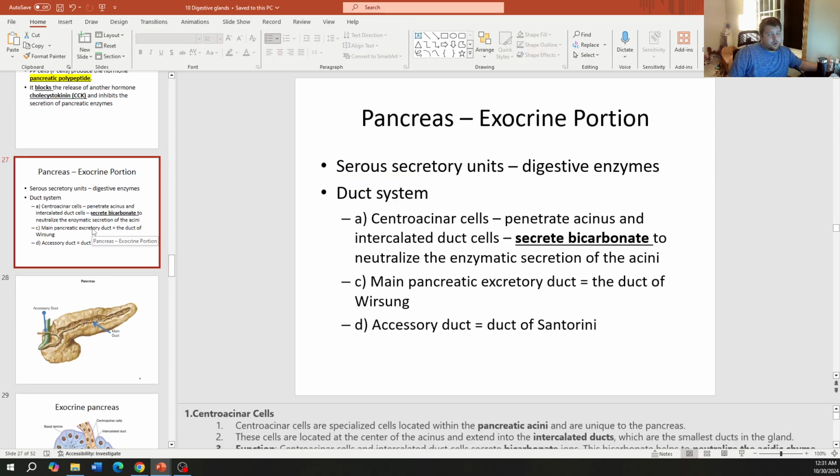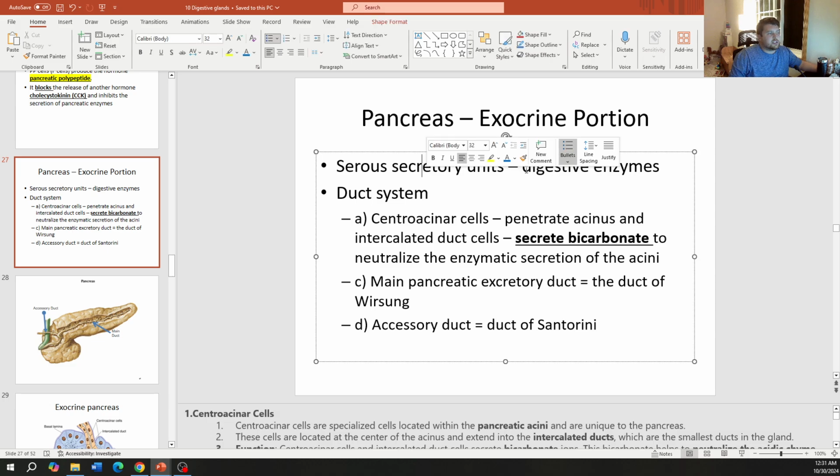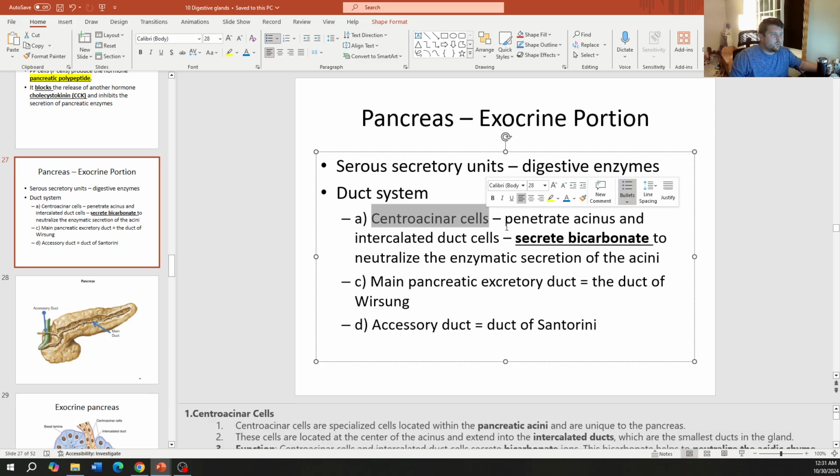So that's the endocrine portion. Remember those islets of Langerhans. And now we're going to talk about the exocrine portion. Most of it has to do with digestion. Digestive enzymes. So we have these cells called centroacinar cells, which secrete bicarbonate in order to neutralize the enzymatic secretion of the acini.